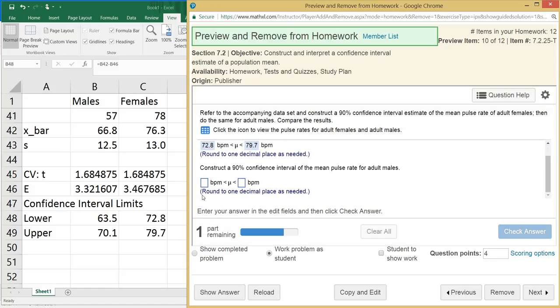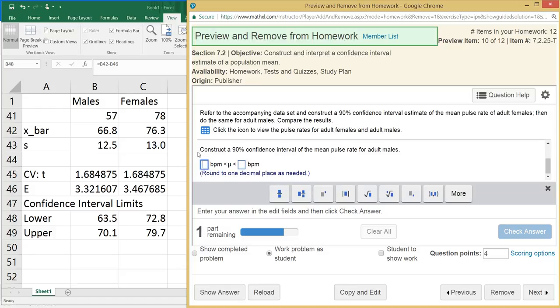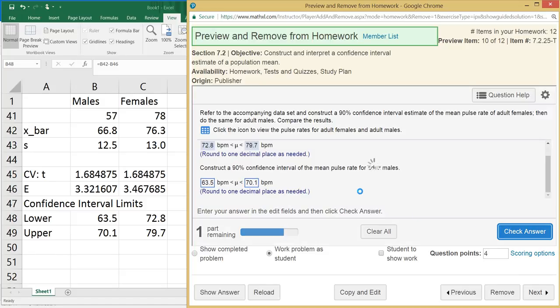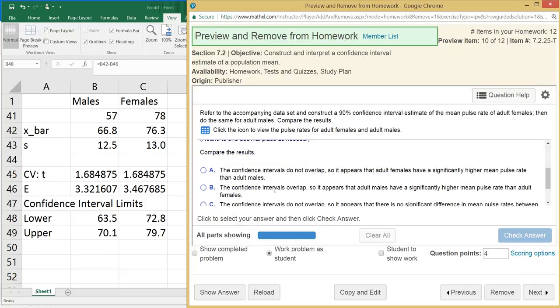All right, and then for the males, 63.5 and 72, whoops, I'm looking at the wrong number, 70.1. And we'll check that answer. Nice. And now the comparison.